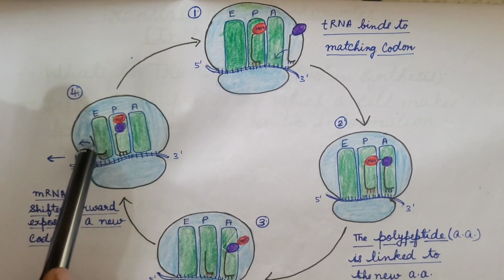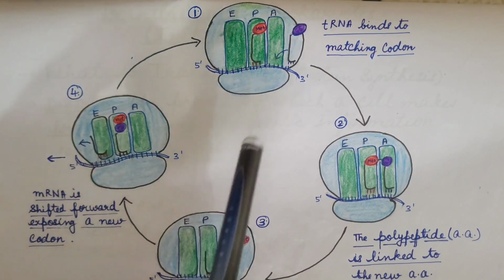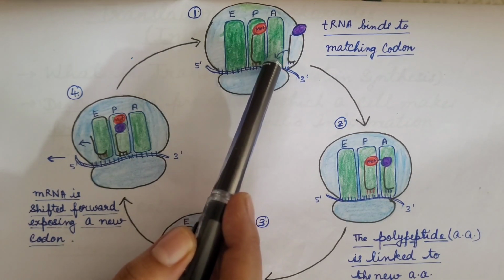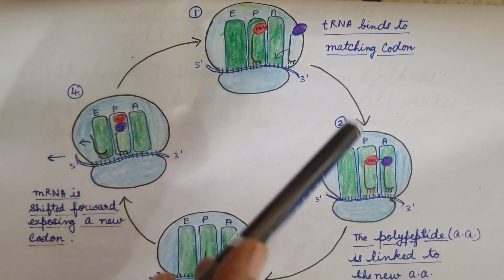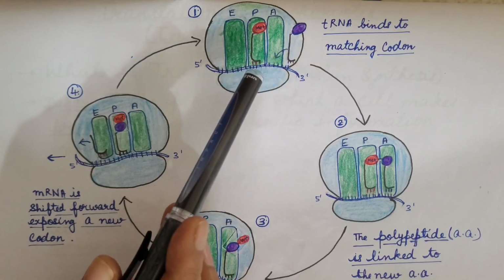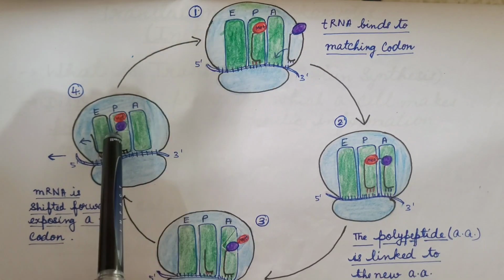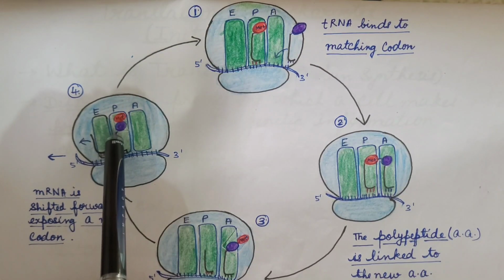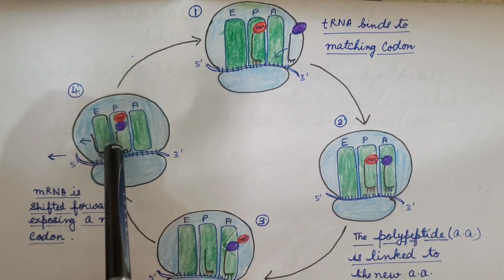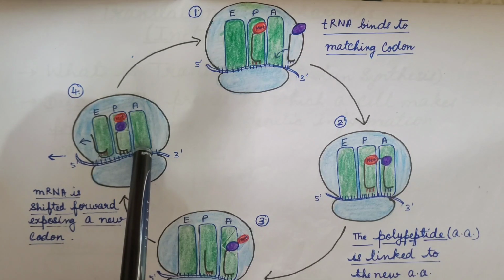Hence, the deacylated transfer RNA is released from the E site before the next aminoacyl transfer RNA binds to the A site to start a new round of elongation, and this process continues in a cyclic manner till the entire messenger RNA is read or decoded. So, elongation continues, adding one amino acid to the C terminal end of the growing polypeptide for each codon that is read, with the peptidyl transfer RNA moving back and forth from P site to A site as it grows.